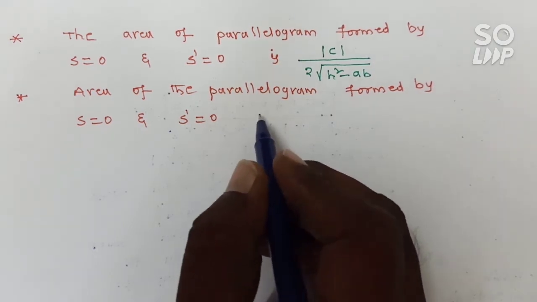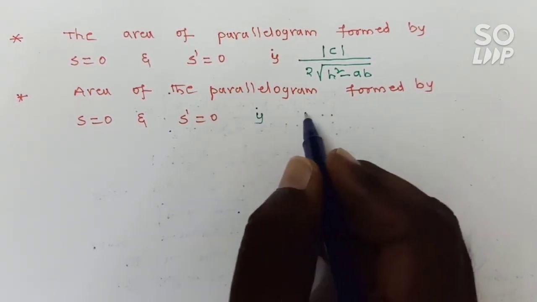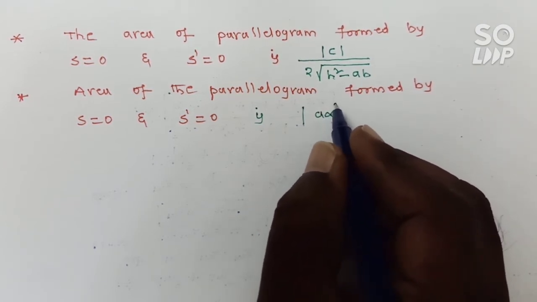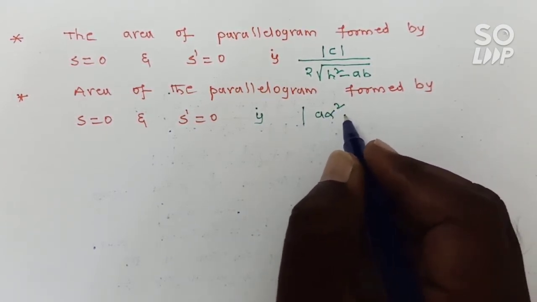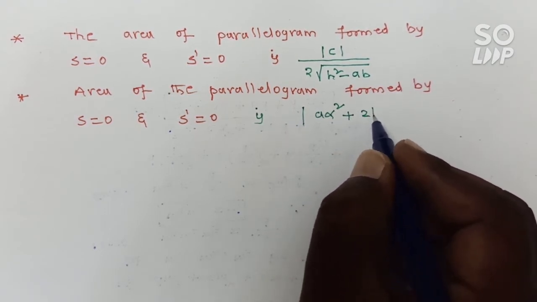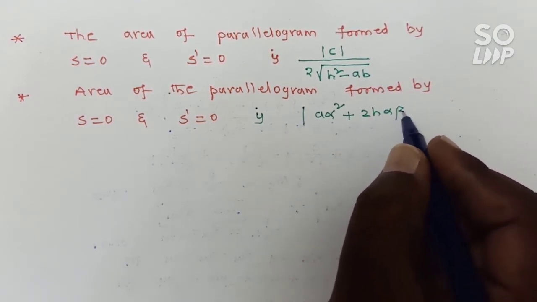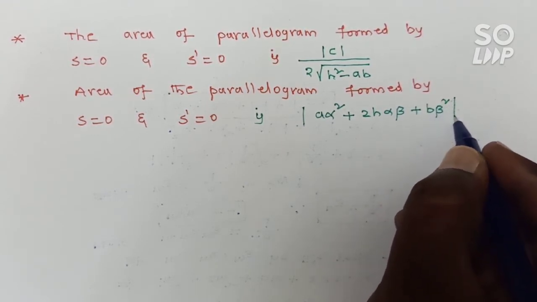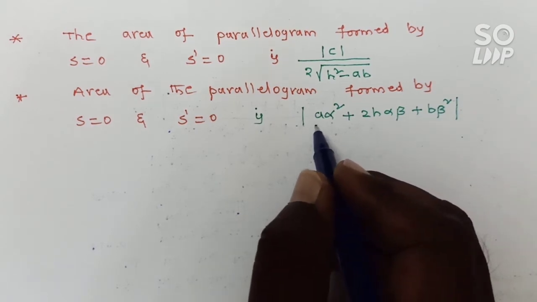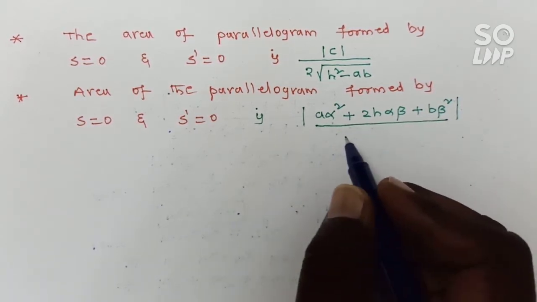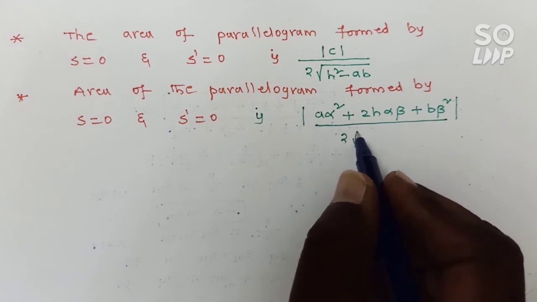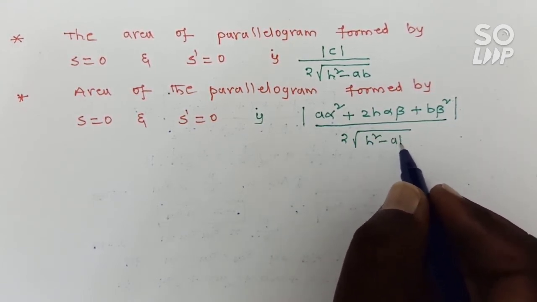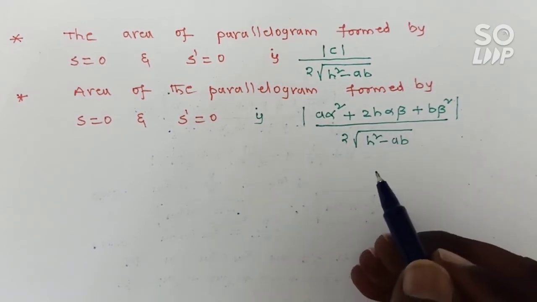That is modulus of a into alpha square plus 2h into alpha into beta plus b into beta square, whole divided by 2 into root of h square minus ab. Here what is meant by alpha comma beta?